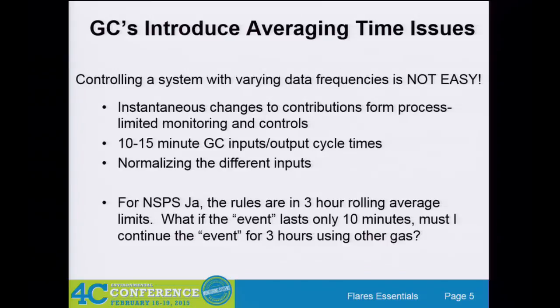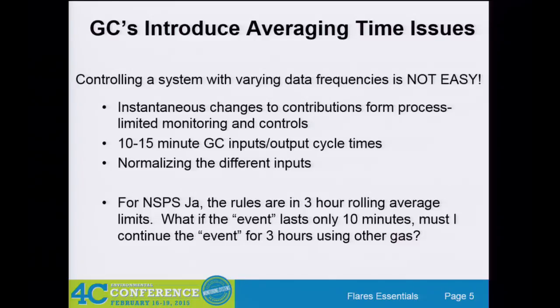Because if you have a flare event that's going to last 4 minutes, and you have a GC or some other device that's going to take a sample and give you a result 10 minutes later, it makes it difficult to control off that. We've done some modeling of how those analytical times compare to adding supplemental fuel time.